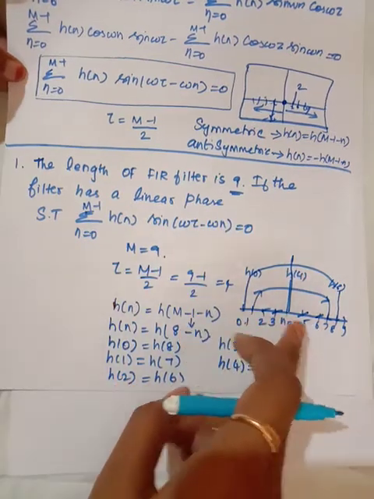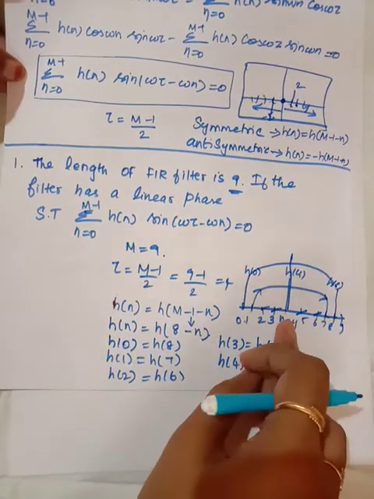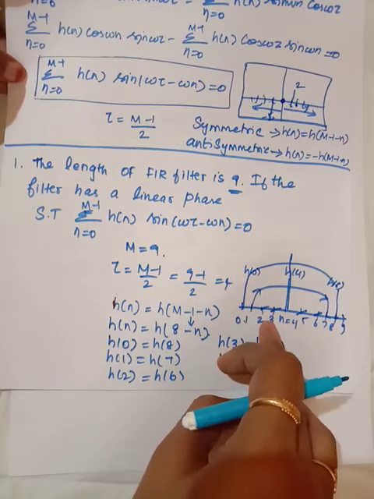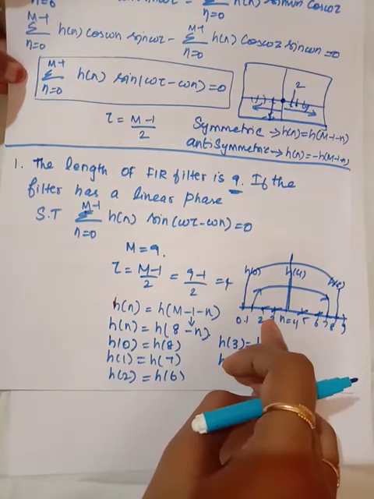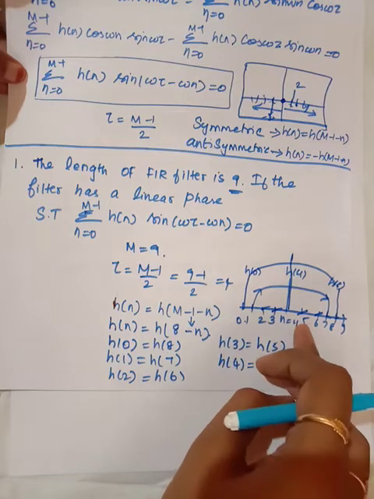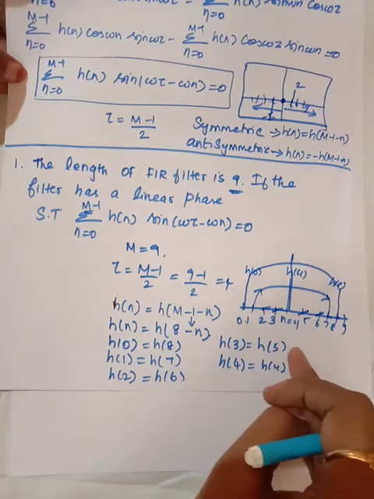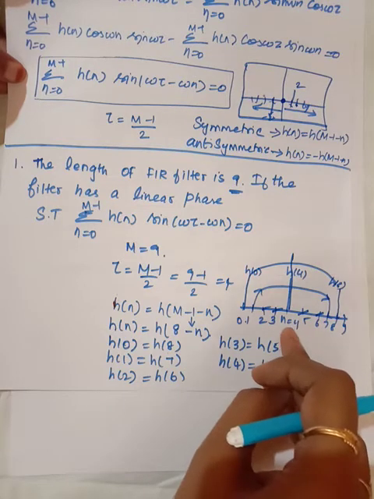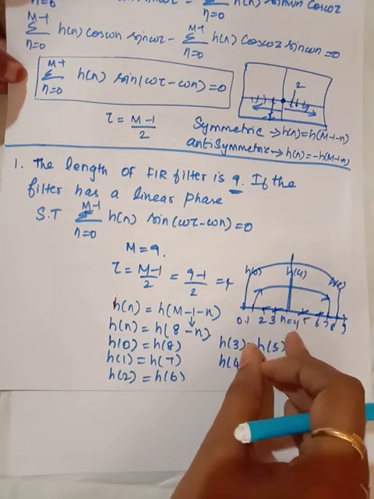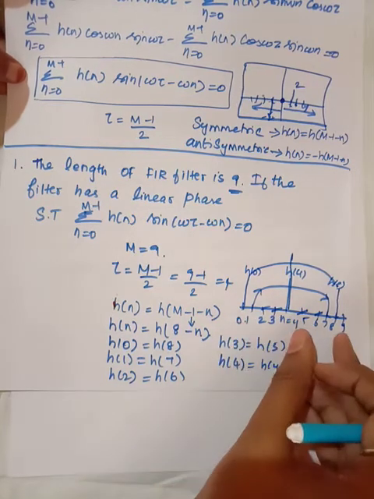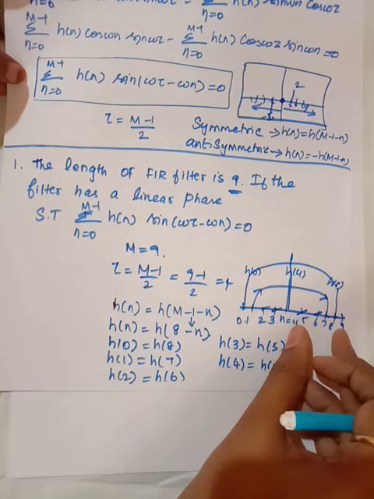Now we know that n equal to 4 is the center of symmetry, and 0, 1, 2, 3 are the samples, and these samples are similar to the samples 5, 6, 7, 8. In the case of a symmetric filter, it is enough to find up to these samples, and using these values we can find the samples at 5, 6, 7, 8.